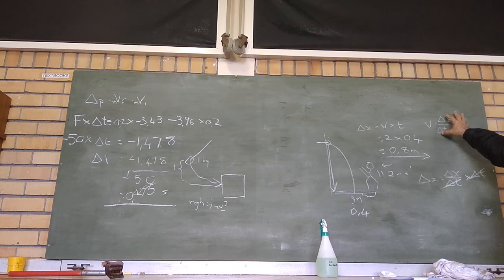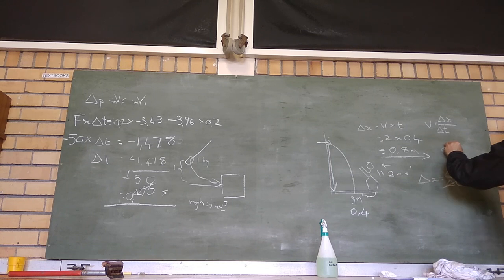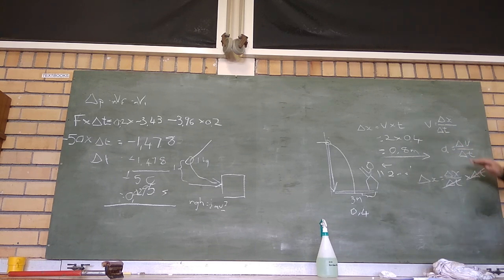Another equation of motion is acceleration is change of velocity over change of time. It's not in the data sheet, but you've got to know it. It equals final velocity minus initial velocity over change of time. You must be able to use what acceleration and velocities are.